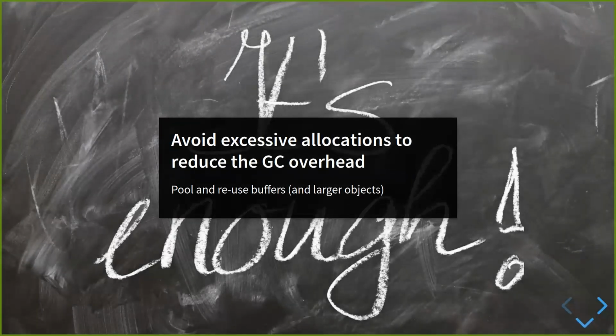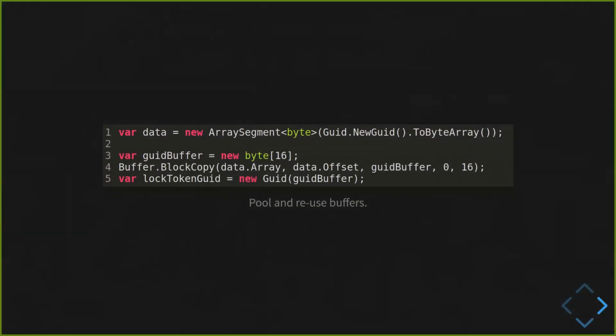Then the next thing, in order to avoid excessive allocations, is you should always pool and reuse buffers and large objects. We've already talked a little bit about the lock tokens, and as I tried to explain previously, it's essentially a glorified GUID to acknowledge a message when you get it from Azure Service Bus when you're done handling that message.